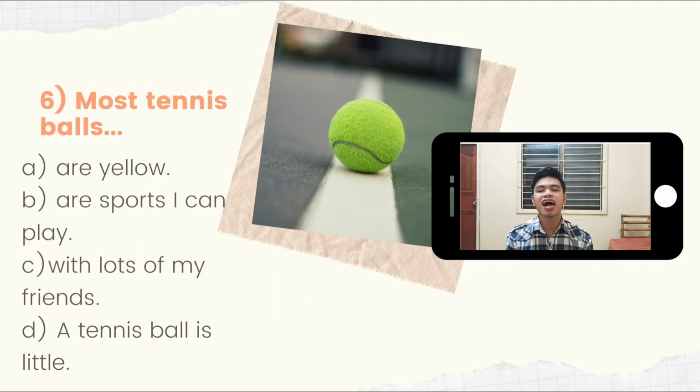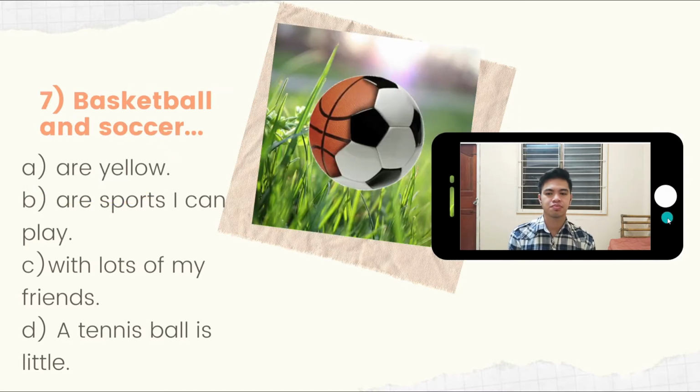Is it A, are yellow, B, are sports I can play, C, with lots of my friends, or D, a tennis ball is little? Good job! The correct answer is letter A, are yellow. Most tennis balls are yellow.